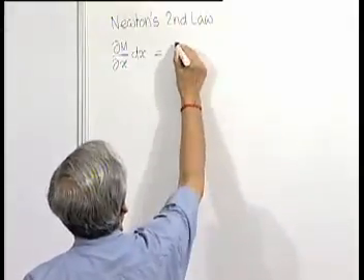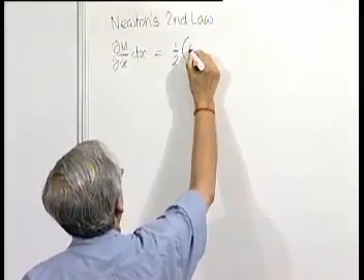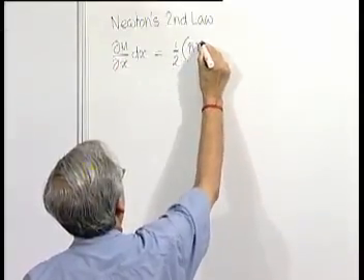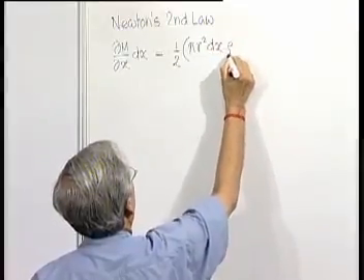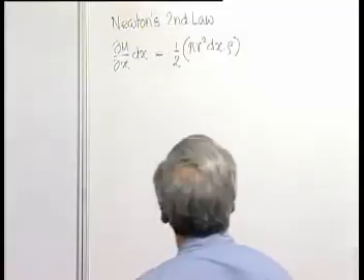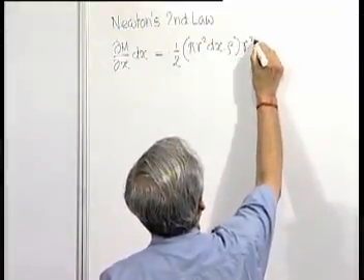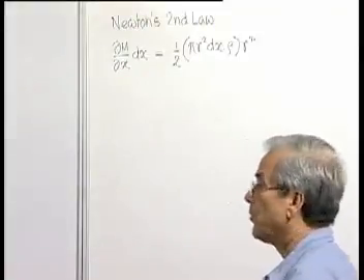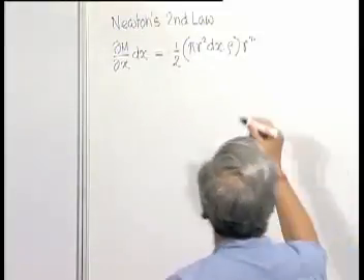For this we know it will be half mass of this element, that is volume of the element into rho, into r square. This is the polar moment of inertia of the element, into angular acceleration.